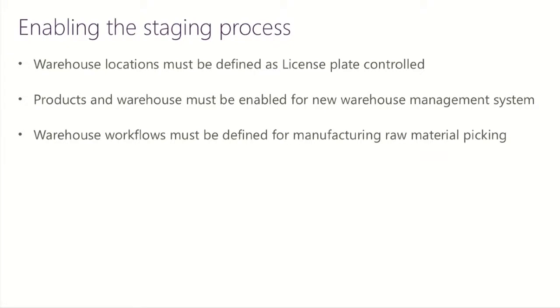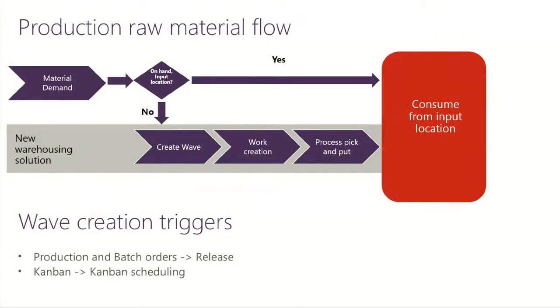So, to explain this in more detail, we have created a slide that gives you maybe more of an overview of what's going on behind the scenes. So we have a material demand, as you can see, in this case Kanban. And first what happens is that when it is released, it is asking, is there anything that I can consume from the input location?